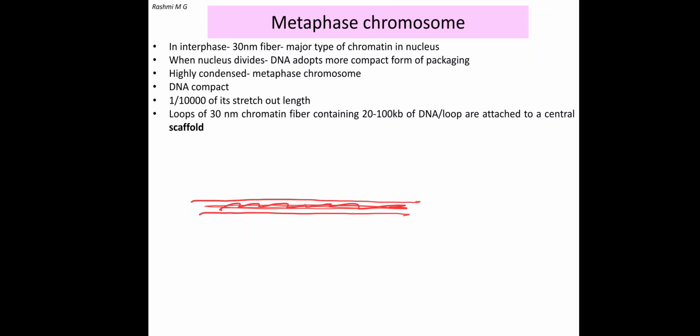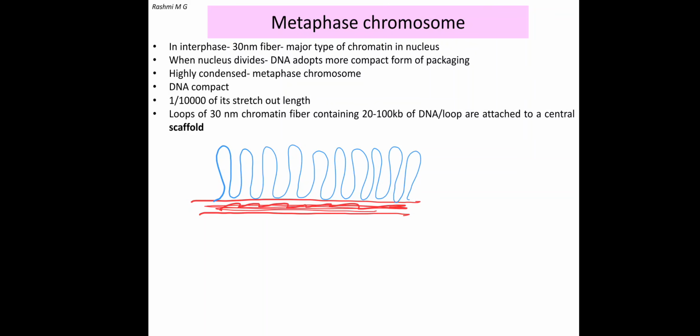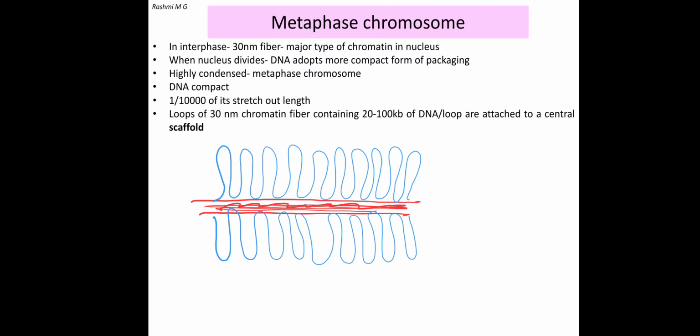So there is a protein to which these loops, the loops of chromatin, are attached to the central scaffold. Here also there are the loops. Okay, so that forms a compact structure.